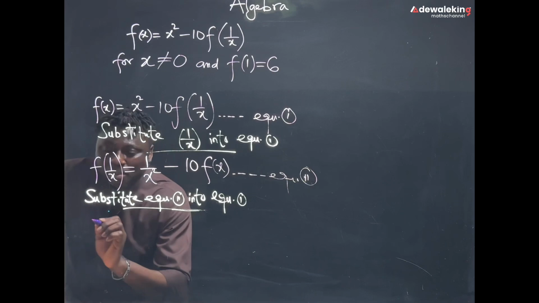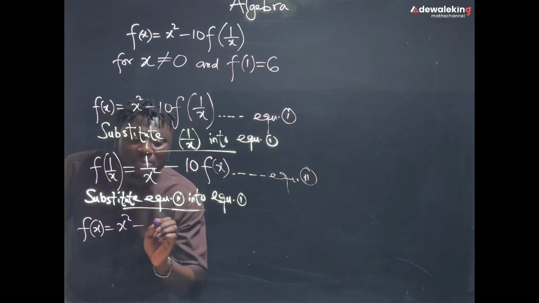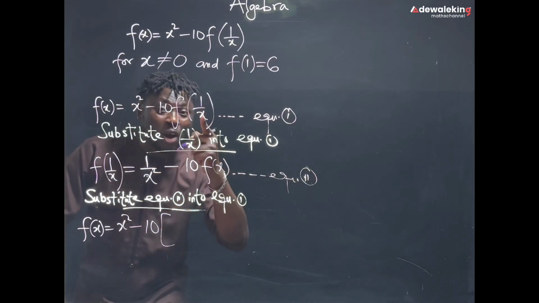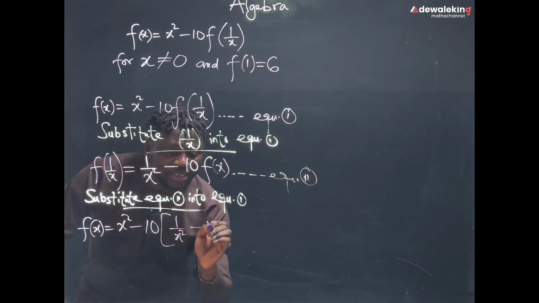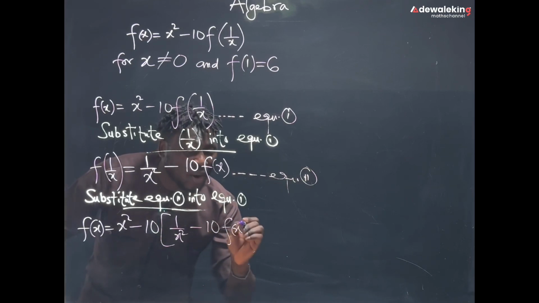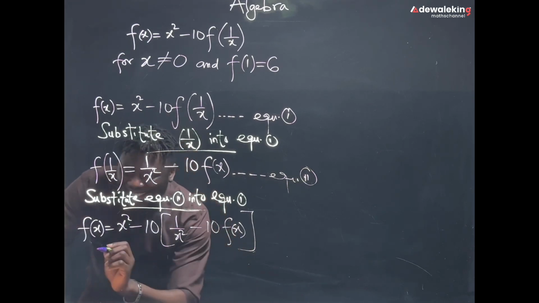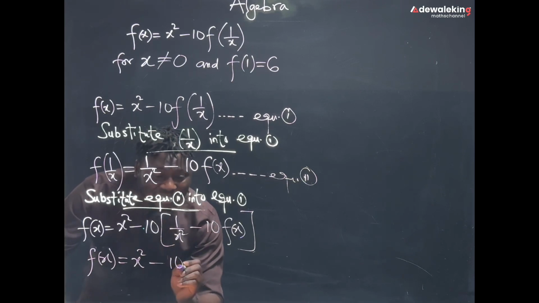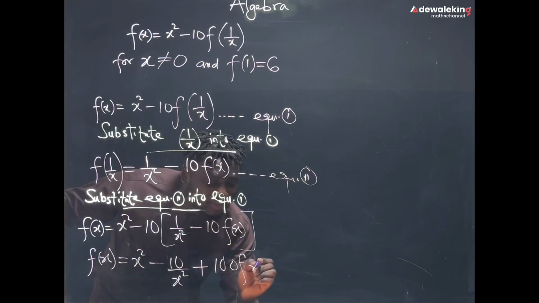It goes this way: f of x equals x squared minus 10 open brackets f of 1 over x, which is equal to 1 over x squared minus 10 f of x, then close brackets. This can be simplified as f of x equals x squared minus 10 over x squared, minus times minus gives plus, and 10 times 10 gives 100 f of x.